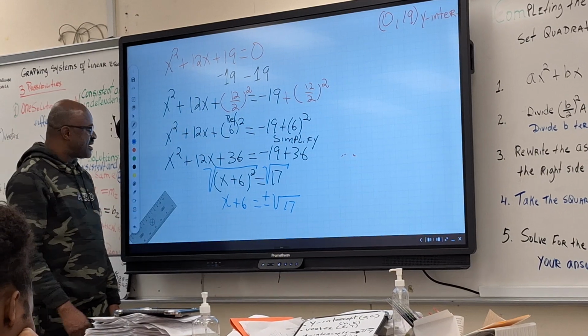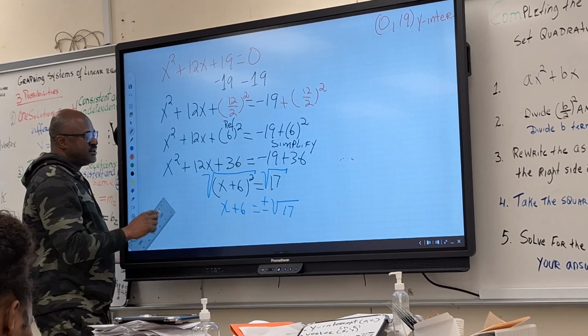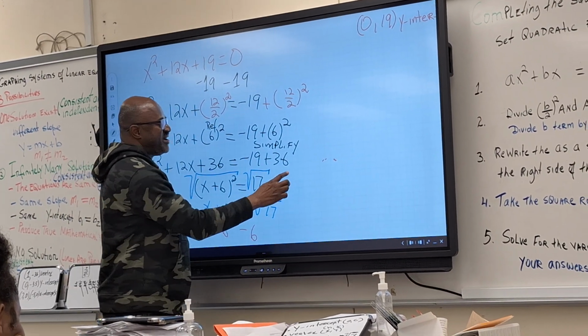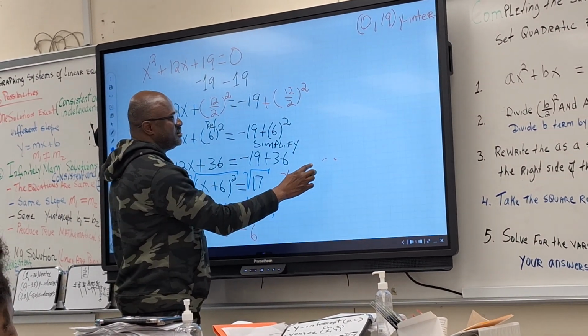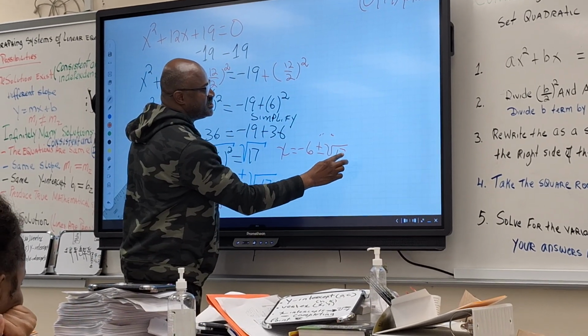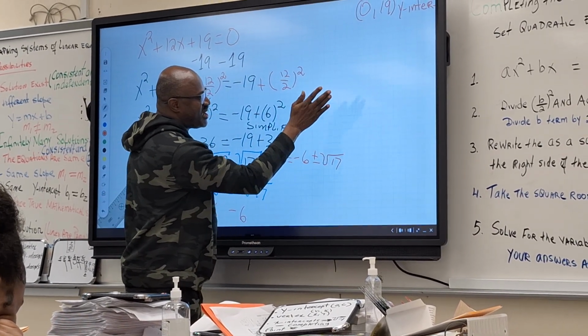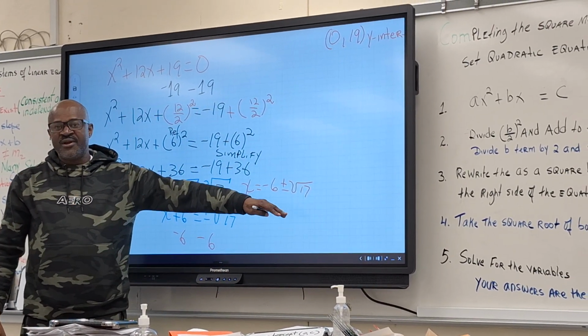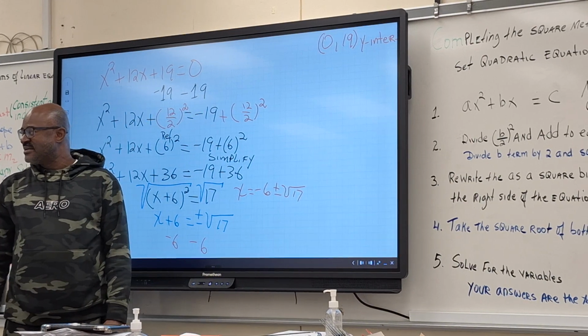Yeah. And what will you do to get x by itself? Minus 6. You subtract 6 from each side. Then you will have x equal to negative 6 plus or minus the square root of 17. That will be the best possible answer. Since we are looking for x-intercepts, we need to know where they are located on the x-axis.